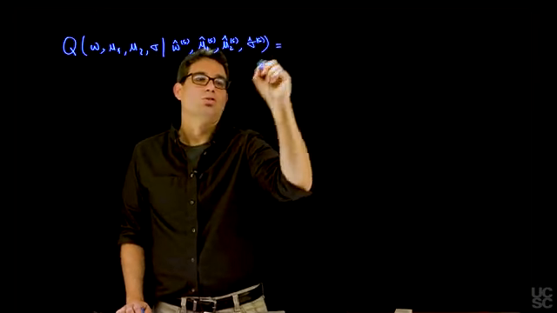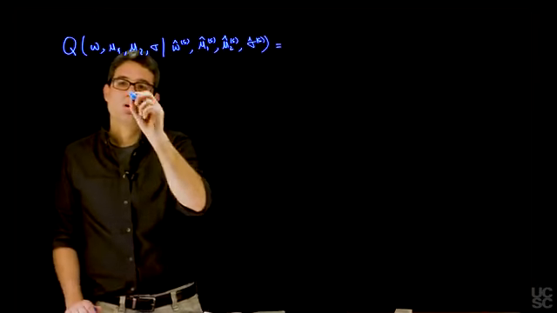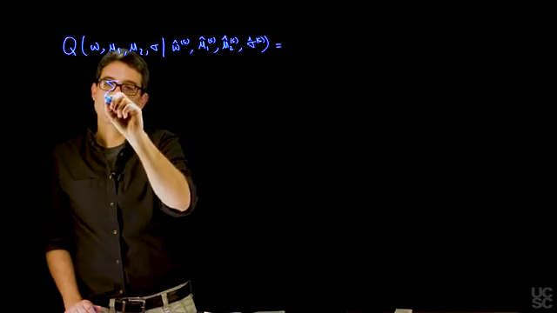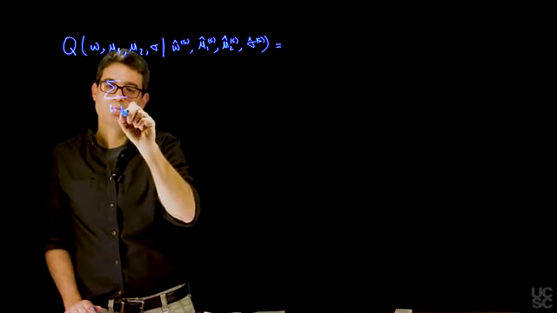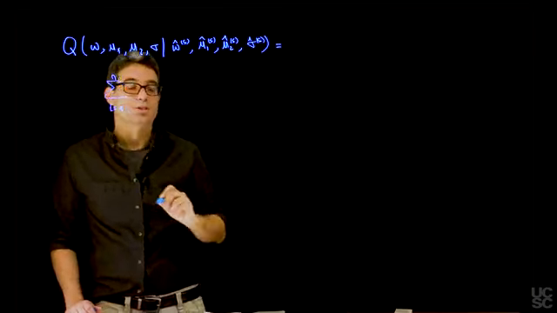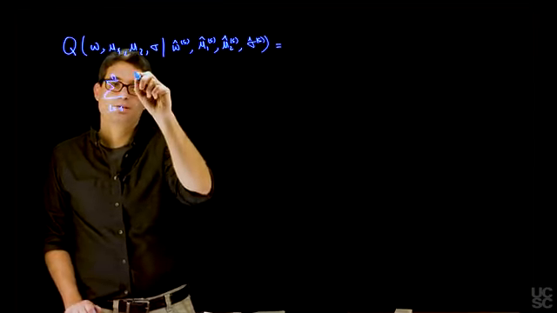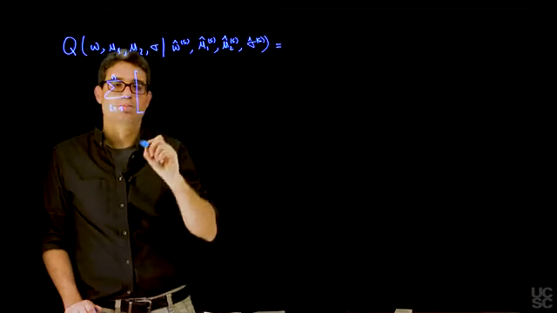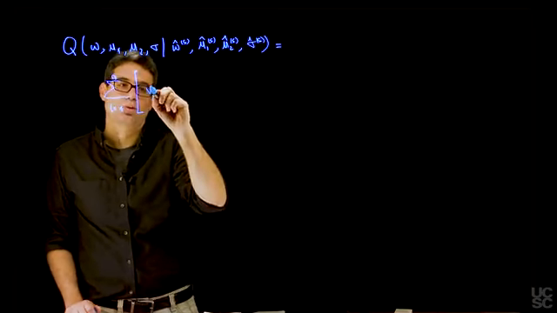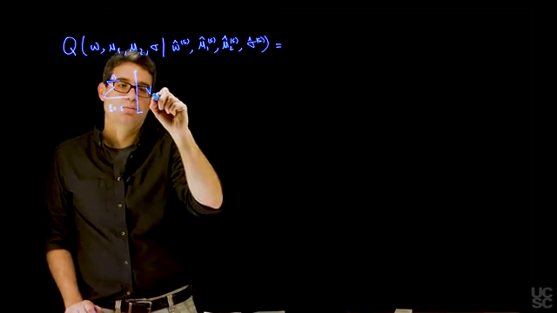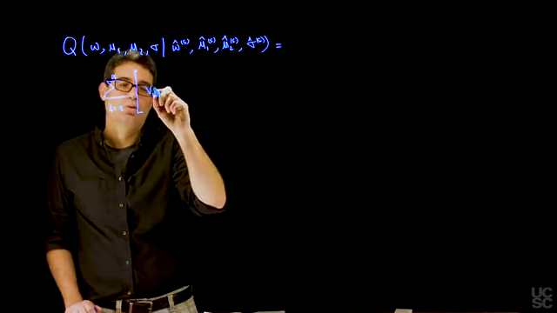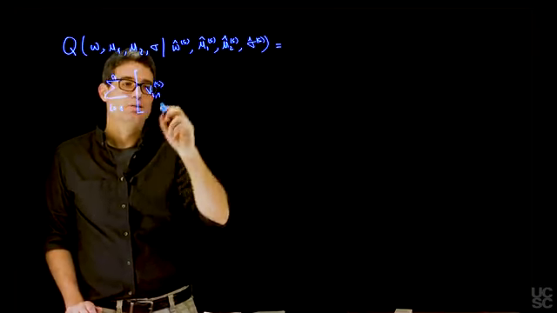So just using the expressions that we had derived before, we know that this is going to be equal to the sum over the observations, because it's the log likelihood. And we have two pieces. The first piece has to do with component 1, so it's going to be b i1 of s.